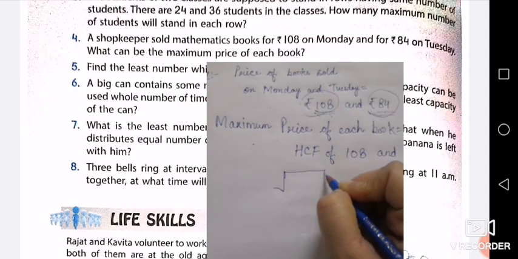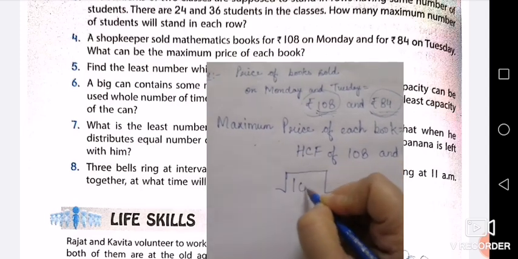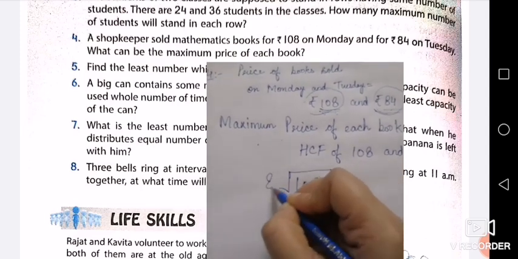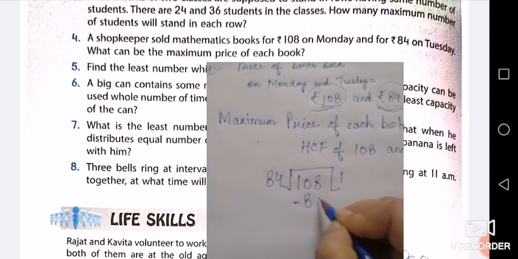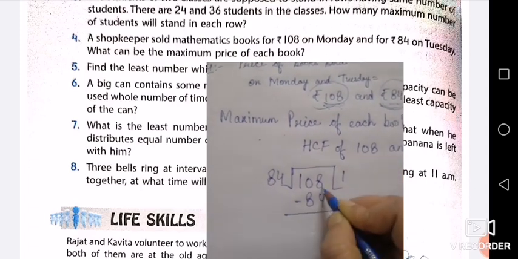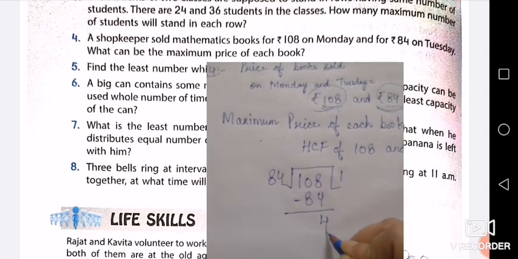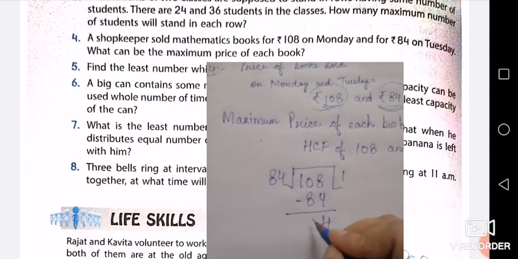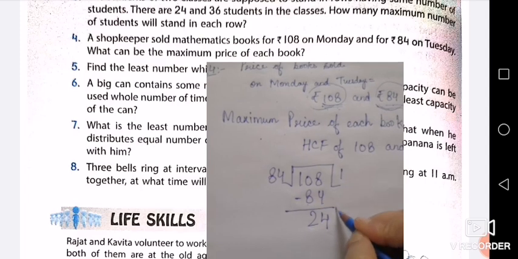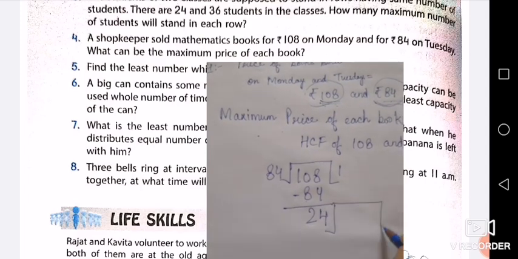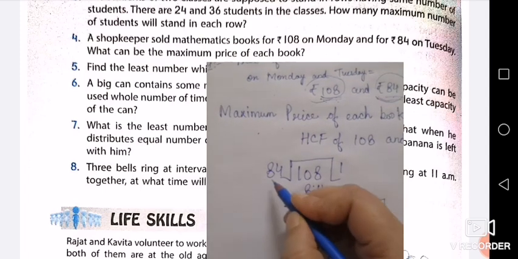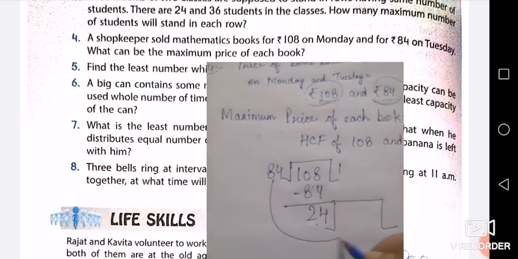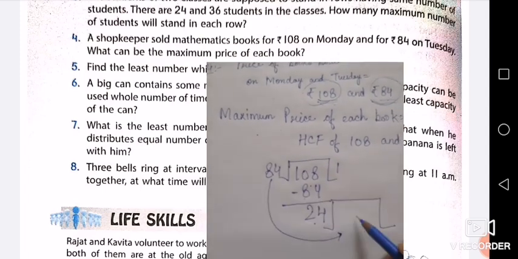So here I am using the division method. 108 will be divided by 84. 1 times it will be 84. Now 8 minus 4, 4 you will get, and 10 minus 8, 2 you will get. So now the remainder of the first step will become the divisor of the second step, and the divisor of the first step will become the dividend.